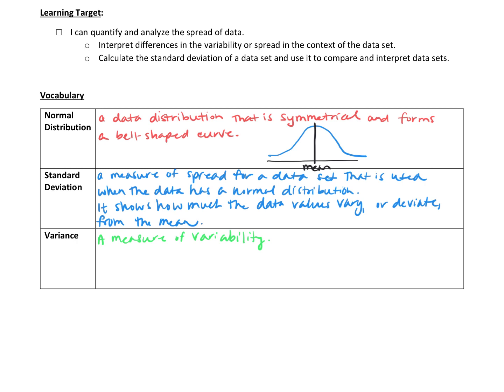It's calculated by taking the average of the squared deviations from the mean.